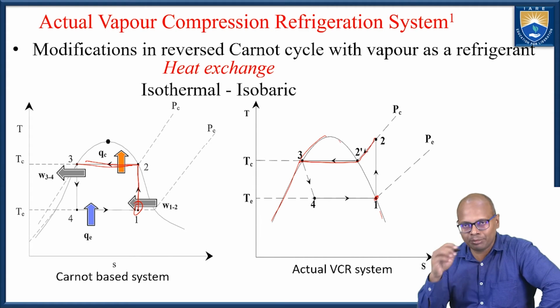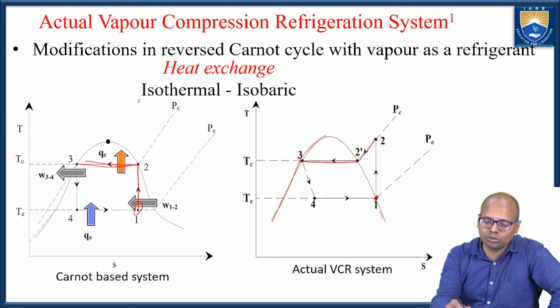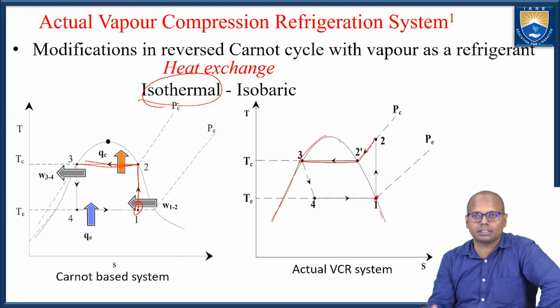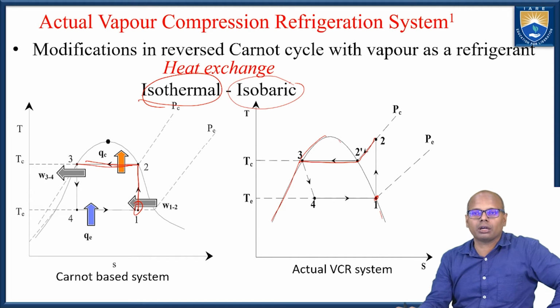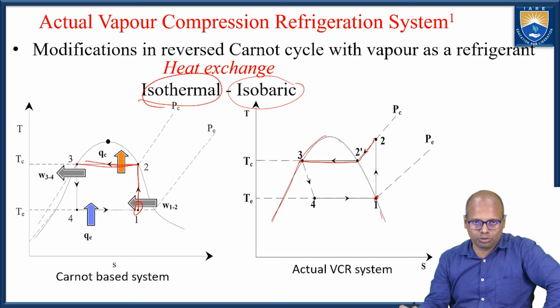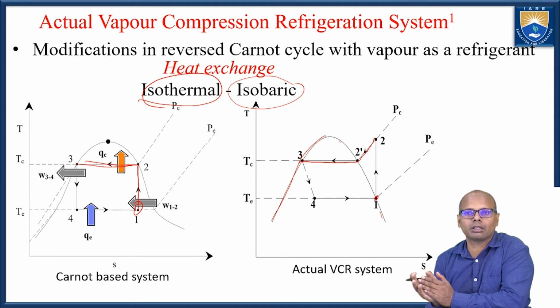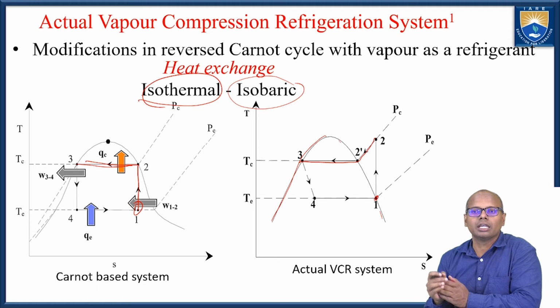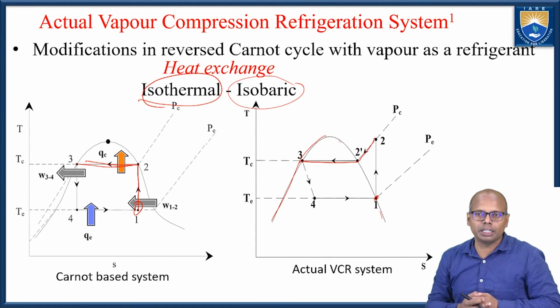So the isothermal heat exchange is replaced by an isobaric, or constant pressure, process. So the constant temperature processes are replaced by constant pressure processes in the actual vapor compression system. So these are the two deviations from the ideal cycle.